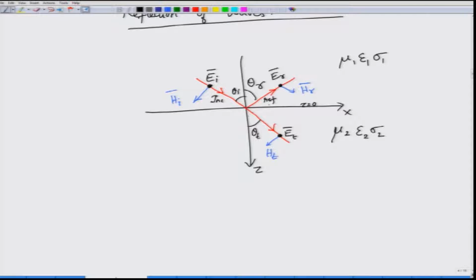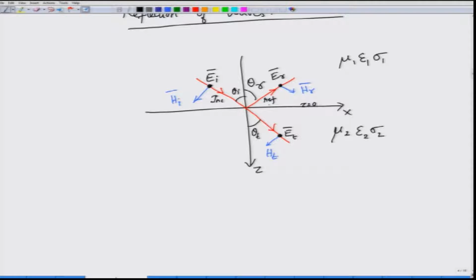There is also a plane of transmission, which is equal to the plane of incidence, because the k vector making an angle theta t will still lie in the same plane. In fact, all these planes are equal: the plane of incidence, plane of reflection and plane of transmission are the same.